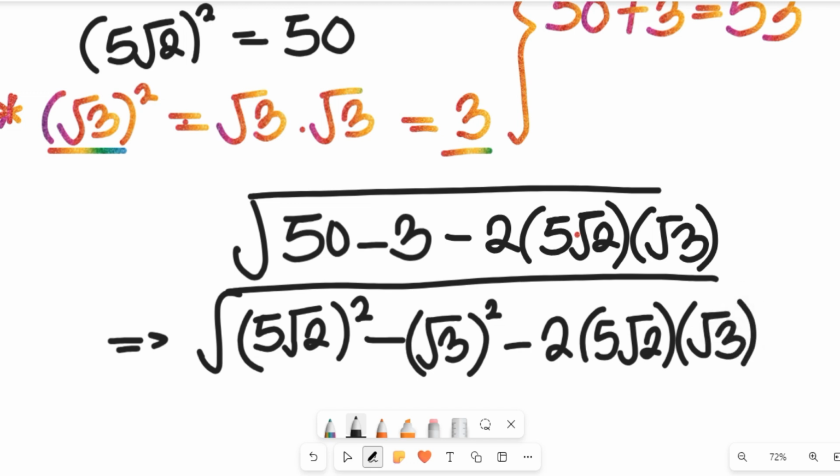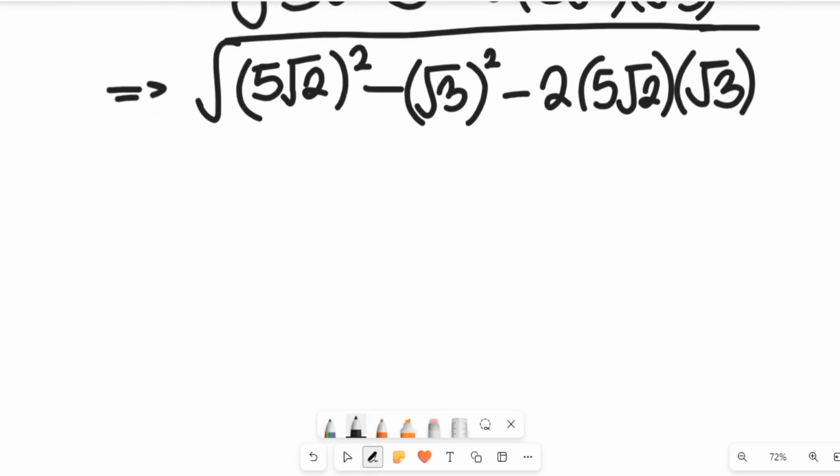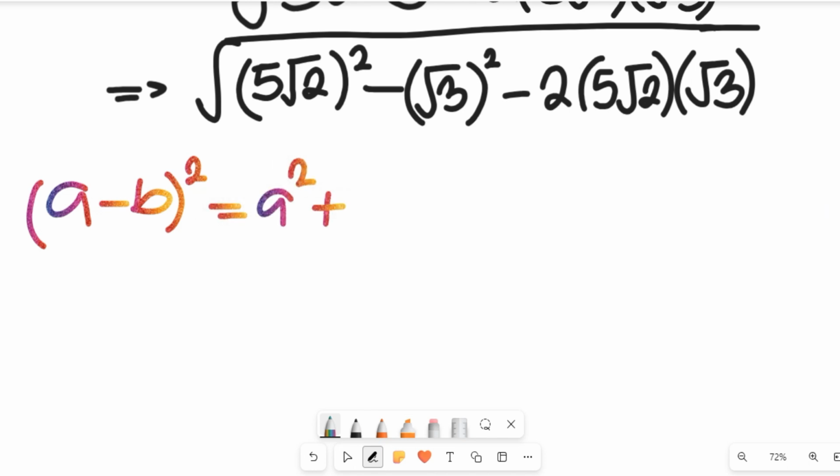Now you can see from this whole expression that it looks like an algebraic expression. Recall the algebraic formula that a minus b all squared is equal to a squared plus b squared minus 2ab.